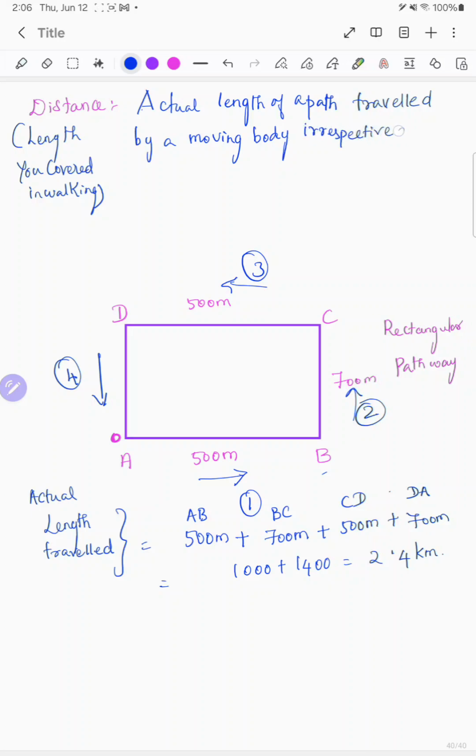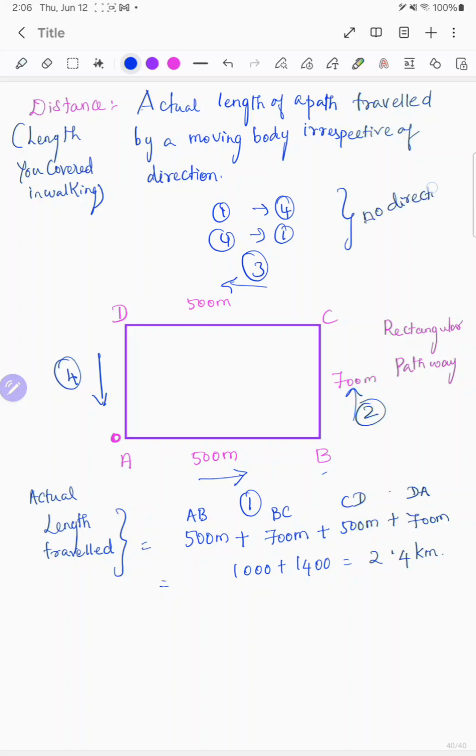I never mentioned any direction, so you can choose any path, 1, 2, 3, 4. You can choose path 1 to 4 one way, or this way 4 to 1. Any way you can choose, no direction is needed for your travel.